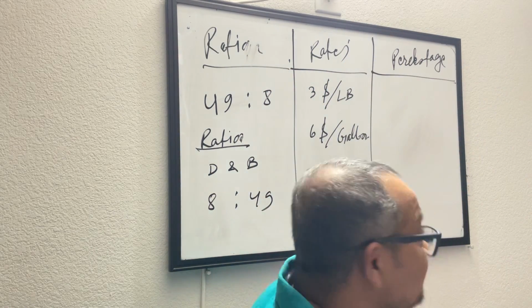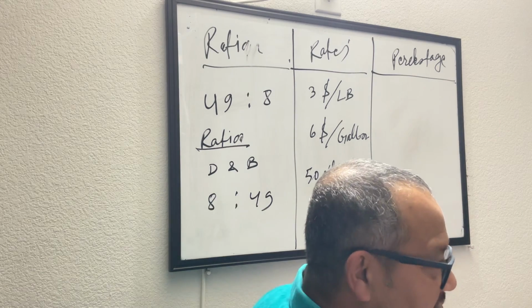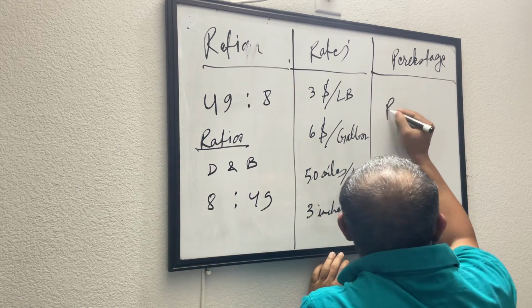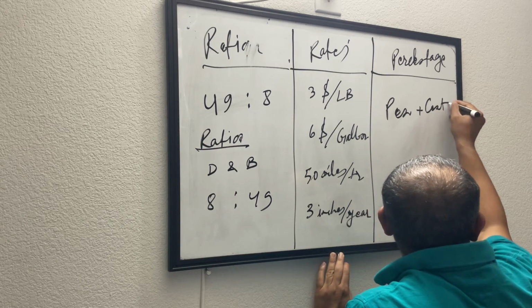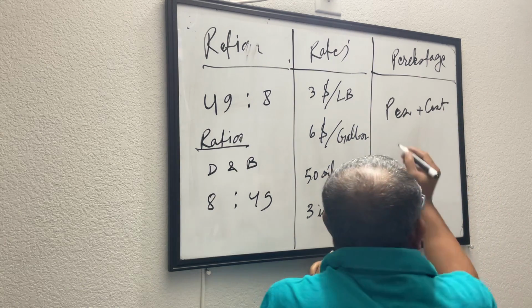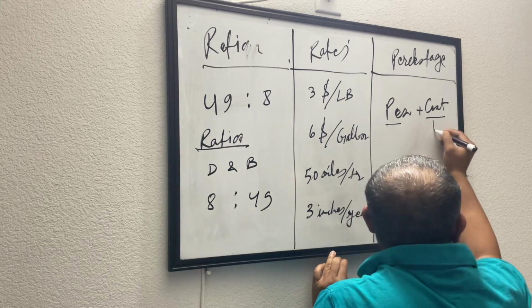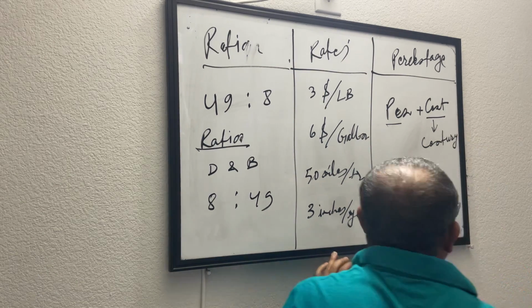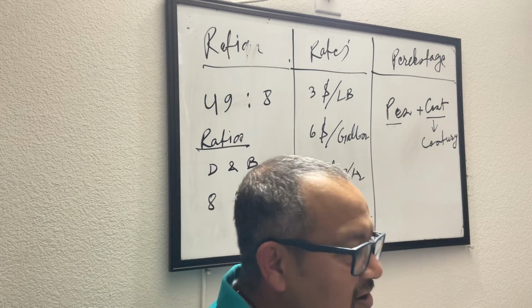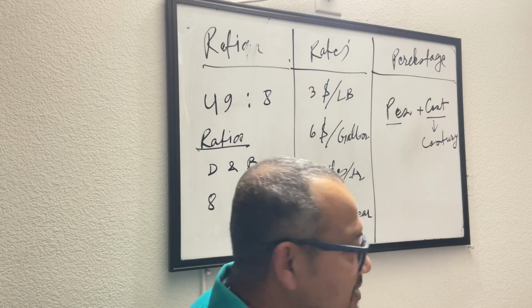Percentage, let's break it down into English. Percentage or percent. This cent stands for, it's a shorter version of century. What does century mean? 100.